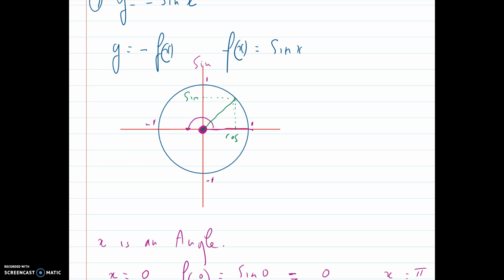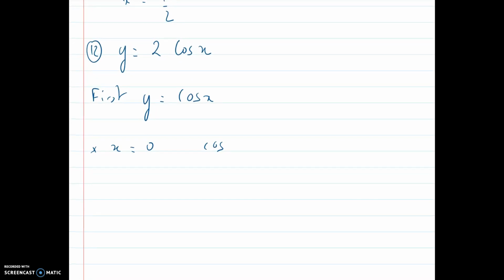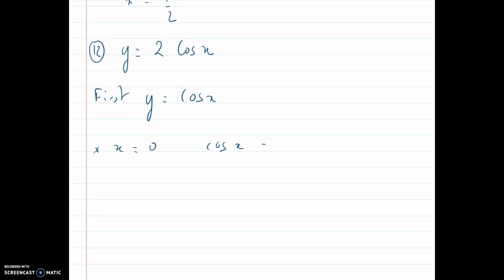When x equals 0, I'm reading the cosinus on the horizontal. All right, this is where I'm reading the value of my cosinus. So when x equals 0, the cosinus equals 1. When x equal pi over 2, cosinus x equals 0. When x equal pi, cosinus x equal negative 1.